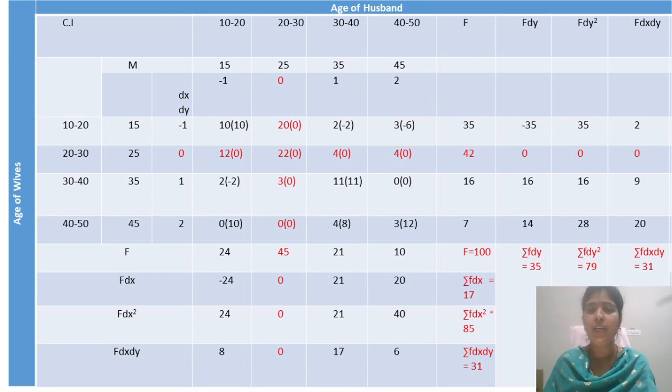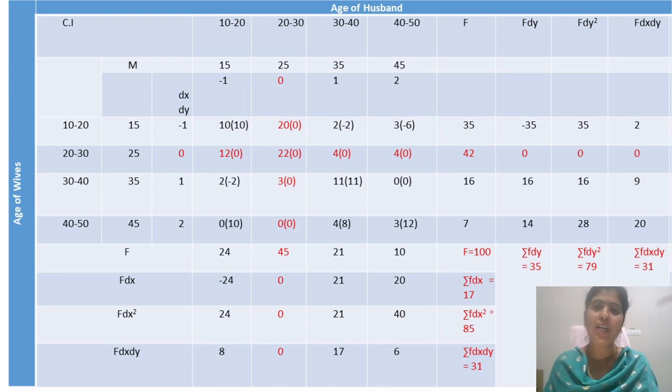Now already in the example they have given the numbers: 10, 20, 2, 3. Total will be 35. We are seeing the frequency column: 10 plus 20 plus 2 plus 3 is 35. In the 0 column, that is 12, 22, 4, 4, 42.